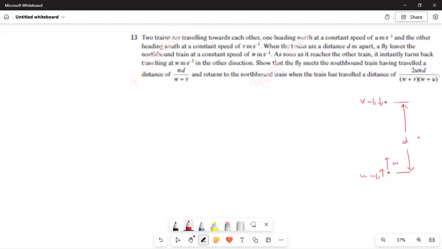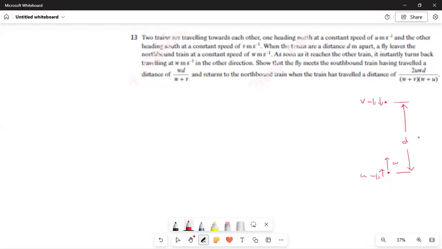The question says that the fly meets the southbound train having traveled a distance of this much. This was a bit confusing to me when I read the question, is it the distance traveled by the train or the fly? Well, this is the distance of the fly. So this is the first part.